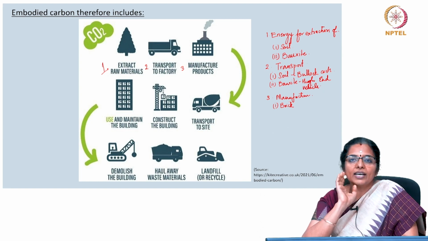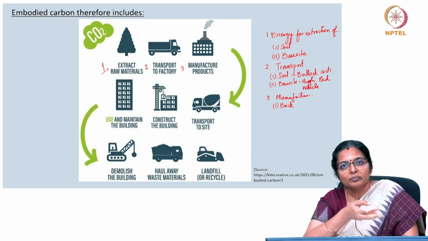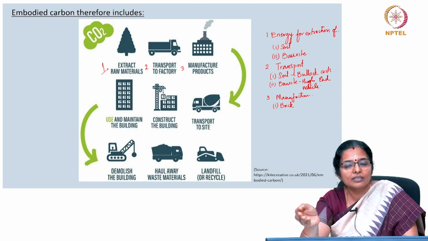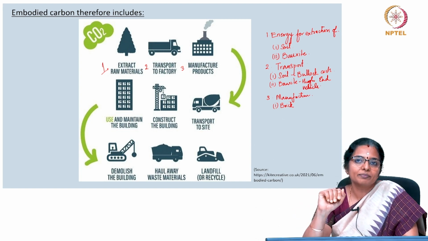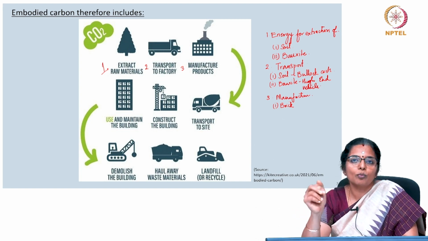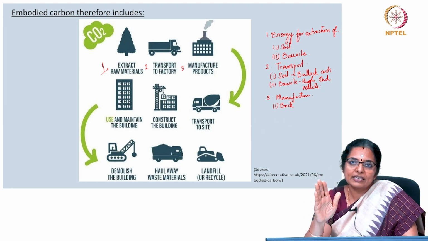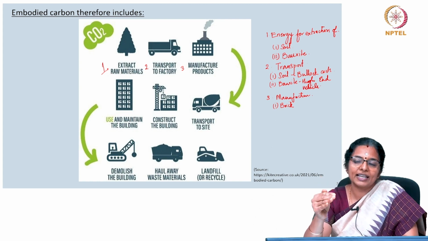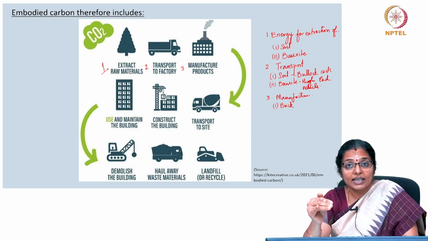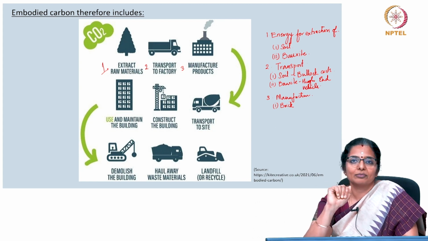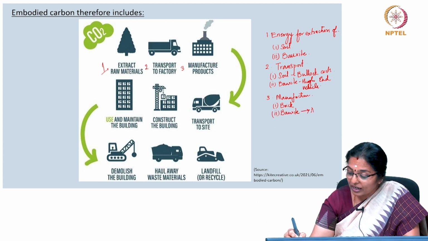If it's a low end country brick, you can mix it manually. Otherwise, you use a small machine to mix it. Then you make it into molds. You sun dry it. We'll stop at this stage. We will go to bauxite and then again come back. Bauxite, from bauxite you will have to extract. From bauxite to aluminum.